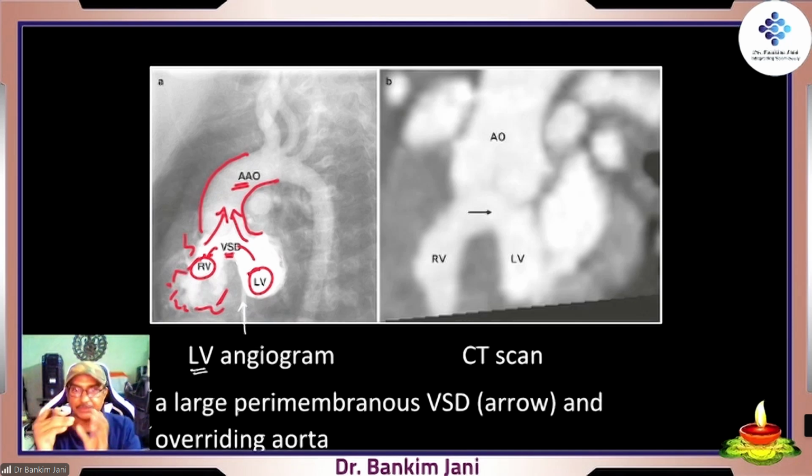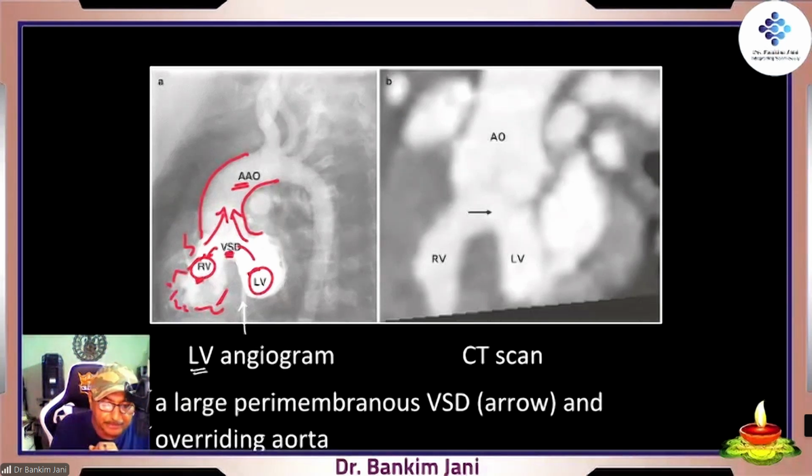The formation of the septum, which should really separate the right ventricle and the left ventricle, and the aorta emerging only from the left ventricle, that aorta has shifted. It is overriding the right ventricle.